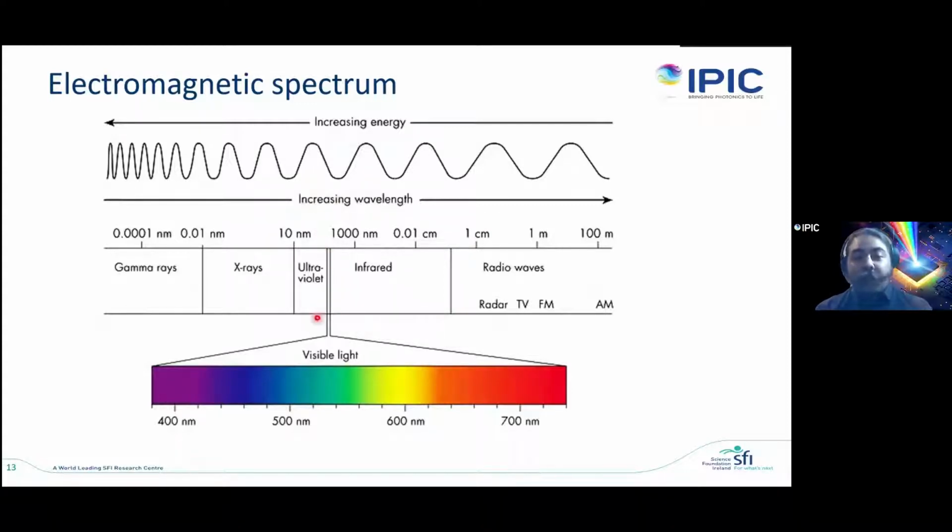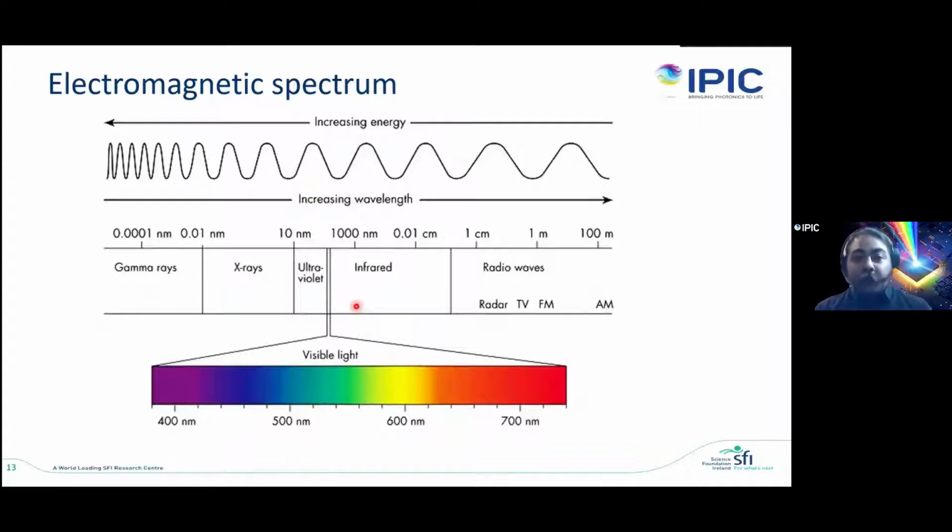The visible light, the light we see, is in this very narrow range, which goes from 400 nanometers in violet, through blue, green, yellow, orange, to red at 700 nanometers. And the electromagnetic spectrum actually goes much beyond the visible range.